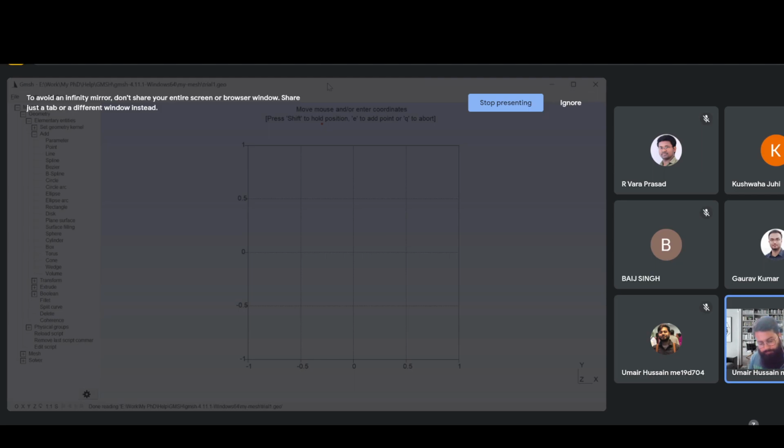Can you see this dialog box over here? I don't think that's visible because only one window is being shared. Let me see. Try again. Wait. Let me reshare my screen so you can see the dialog box also.